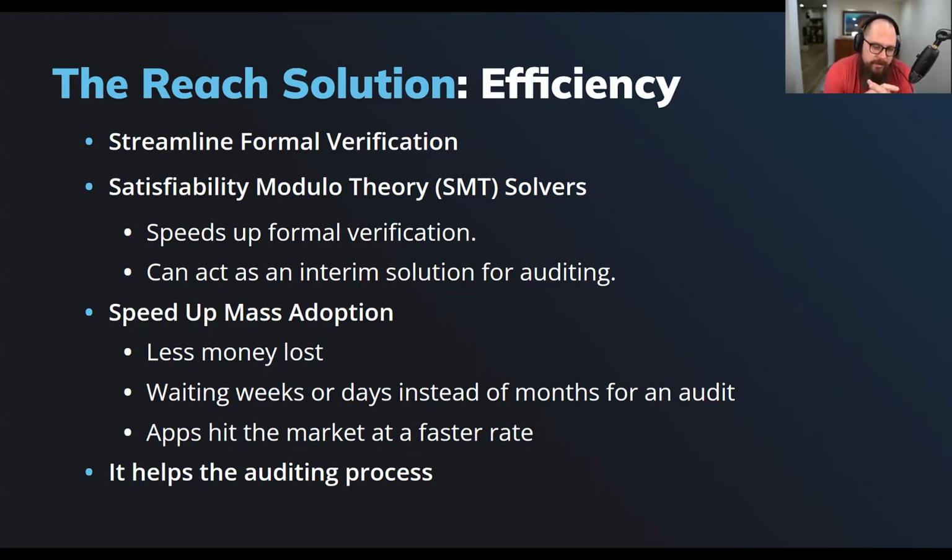Because of all of this, it makes auditing a much faster process. An auditor no longer needs to comb through all of the low-level functionality. They can look at the higher level Reach code and say, "Oh, Chris, it looks like you didn't put a certain assertion into your code itself. So I put that in there and I reran your compiler and it all passed.